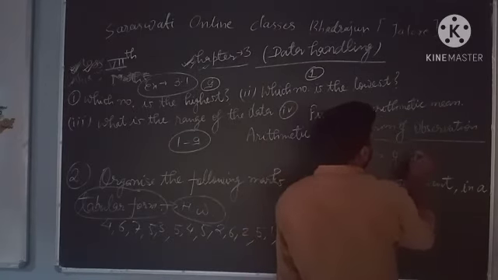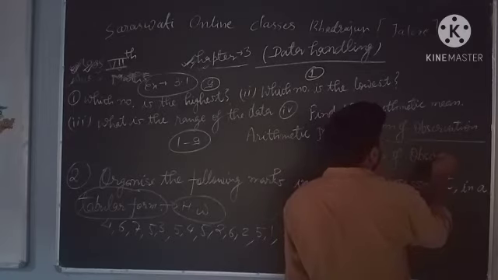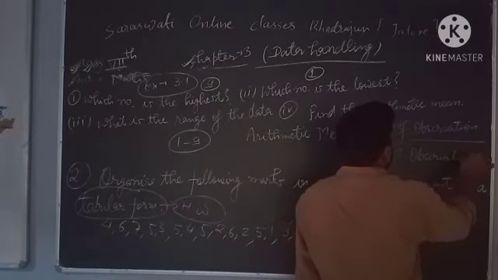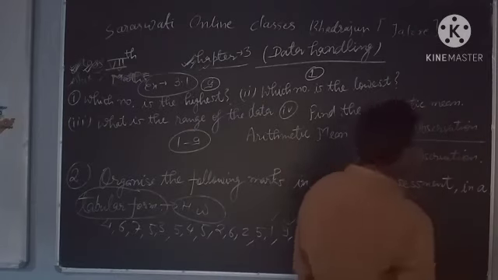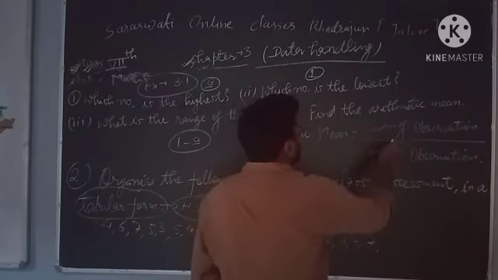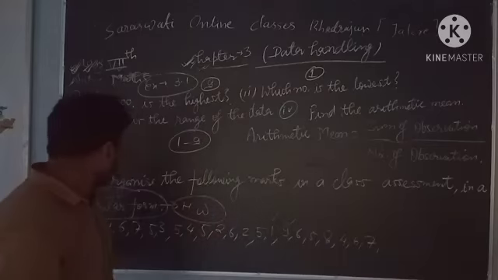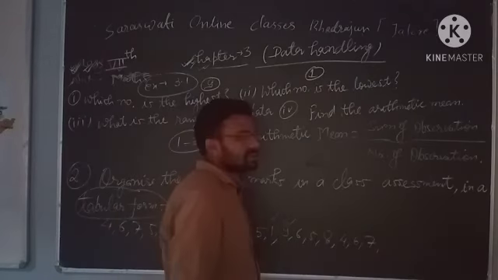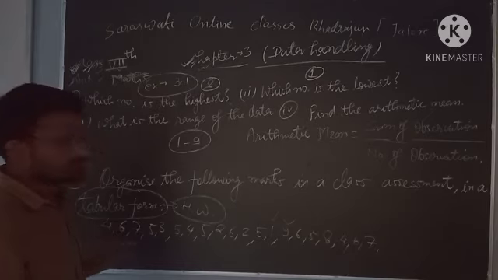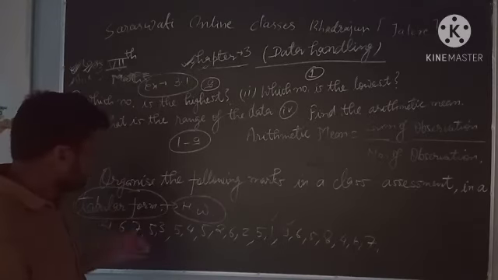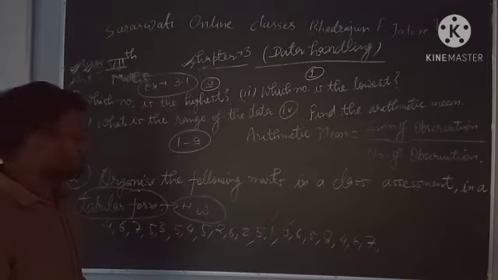Sum of observation upon number of observation is the formula for arithmetic mean. So we have to add all the numbers and divide by the number of observations, exactly according to the counting of all this data.